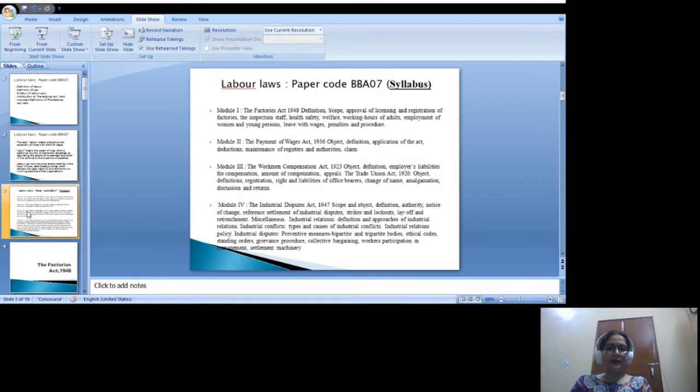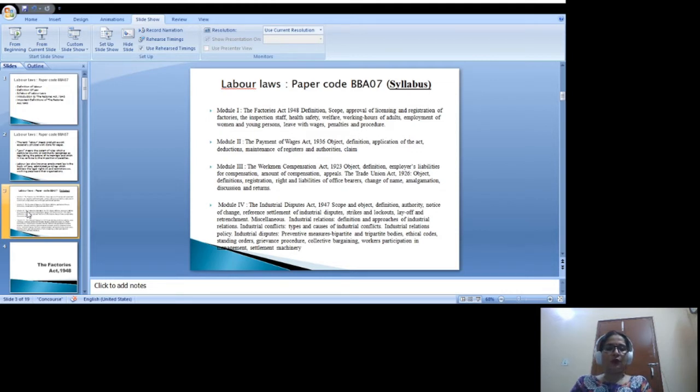Next, the syllabus of labor laws, paper code BBA07, is divided into 4 units, and in these units various acts related to labor laws are covered. In module 1 we will be doing the Factories Act. In module 2 we will be doing the Payment of Wages Act. Third, the Workmen Compensation Act and the Trade Union Act.